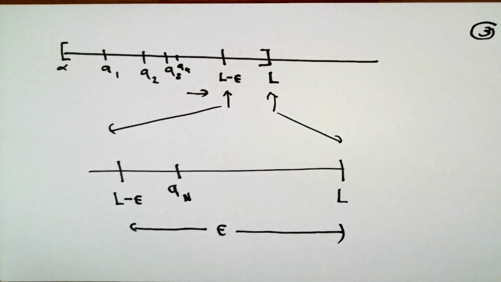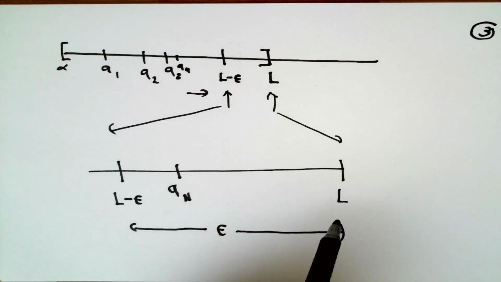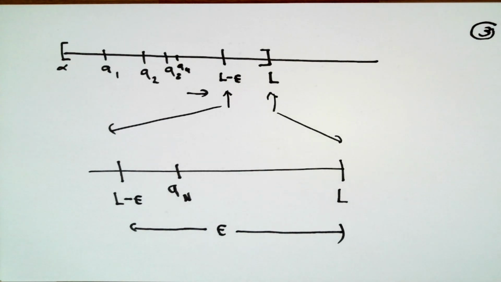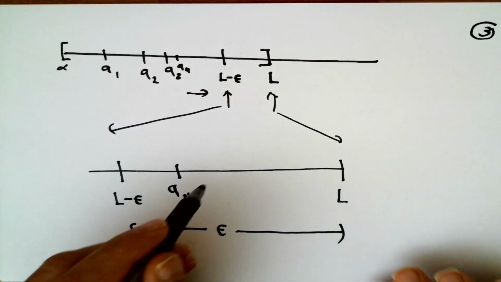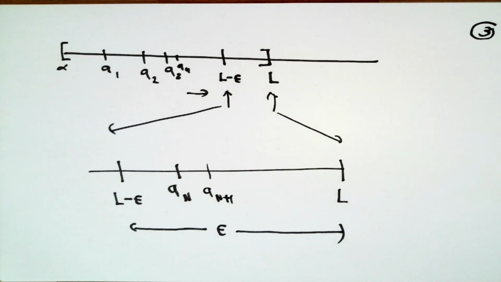What we have figured out is this. If you give me a number epsilon that is positive, regardless of how small it is, there is at least one of the A numbers between L minus epsilon and L. There is at least one of the A numbers that is within distance epsilon of L. But on the other hand, if I know that my sequence is strictly monotone increasing, then the next of the A numbers, A sub n plus 1, must be to the right of A sub n, but to the left of L. That distance between L and A sub n plus 1 is even smaller than the distance from L to A sub n, which was no more than epsilon.